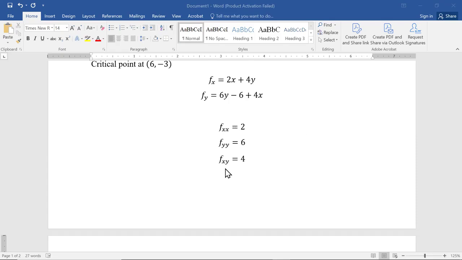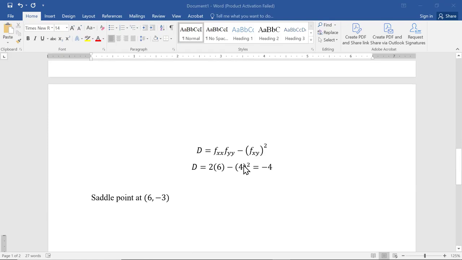But this mixed partial being 4 is big enough that it actually throws my point into a saddle point.